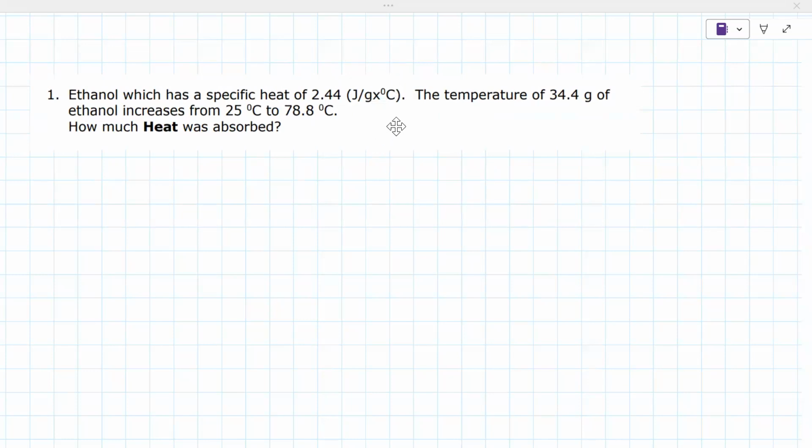I keep getting Q and C confused for some reason. Very easy to do. Q is energy, sometimes it's called heat. Heat and energy are the same, which is confusing. So this is Q equals C times M times delta T. Go ahead and see if you can calculate that for us, please.